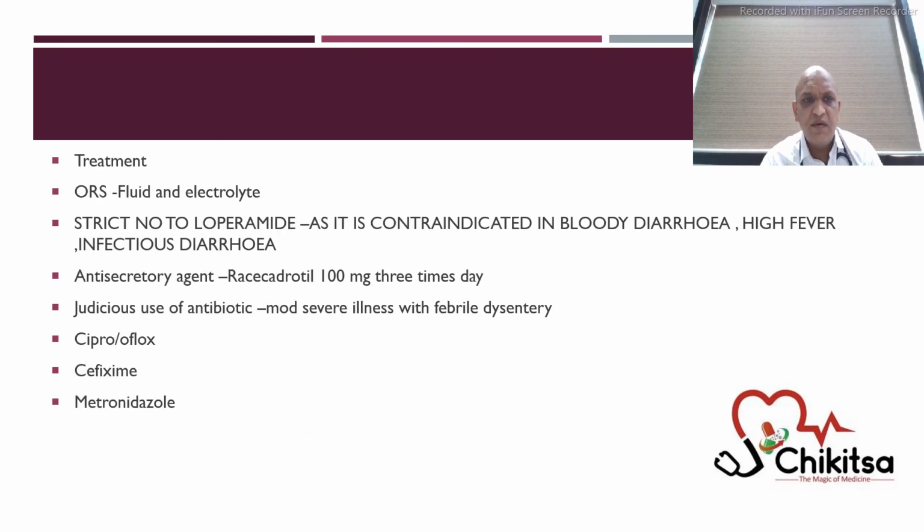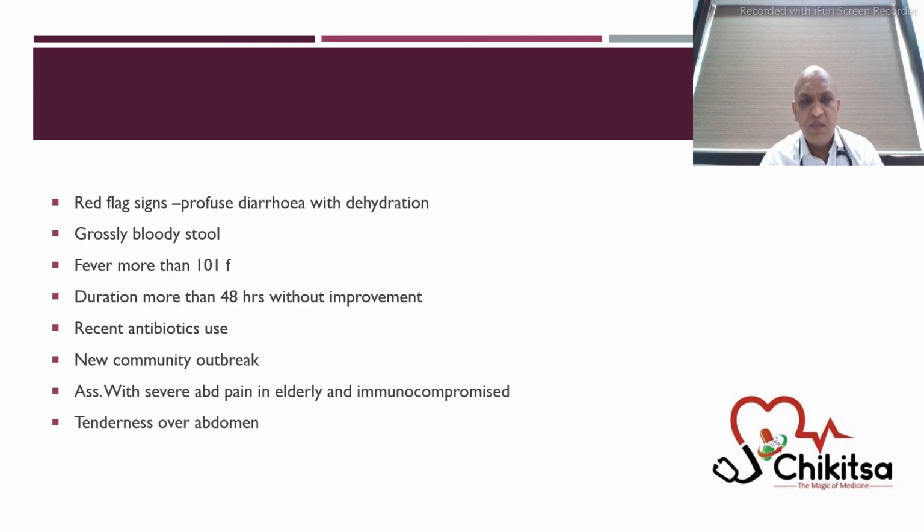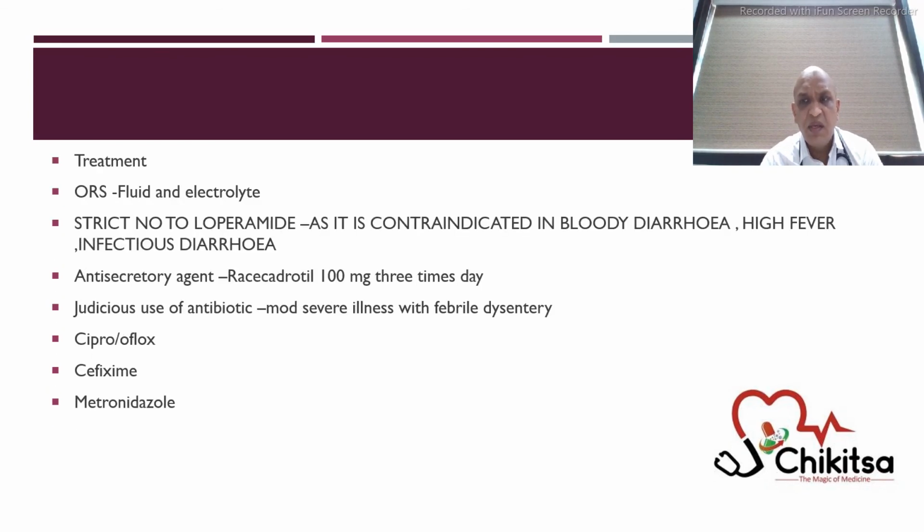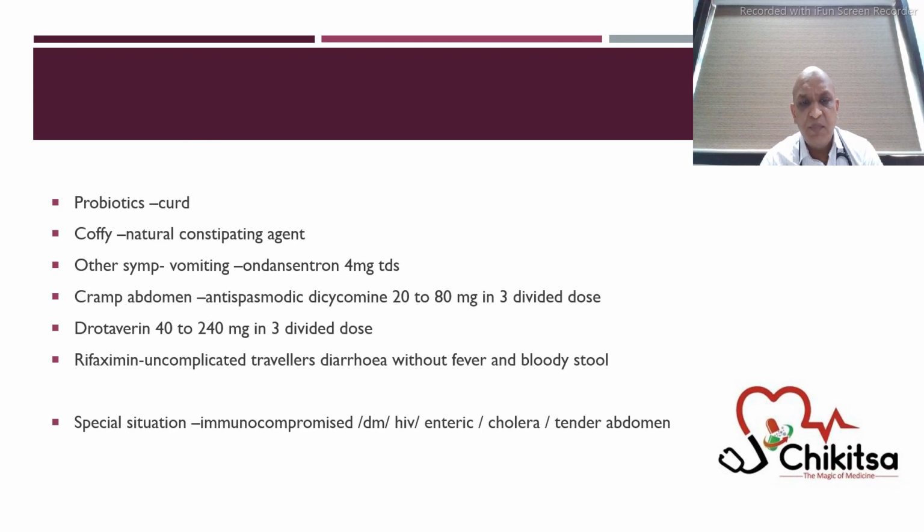Strictly again, we are saying that do not use loperamide for bloody diarrhea, diarrhea with high fever, or infectious diarrhea. You can use antibiotics when it is a moderate to severe illness. Look for the red flag signs like profuse diarrhea with dehydration, high grade fever, grossly bloody stool, duration more than 48 hours, if there is an outbreak going on, and if the patient is immunocompromised, diabetic, or HIV.